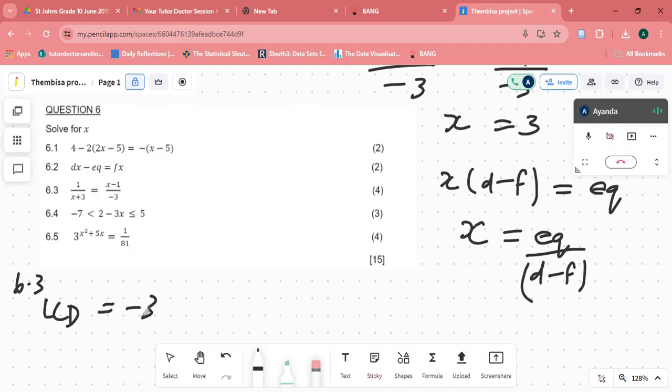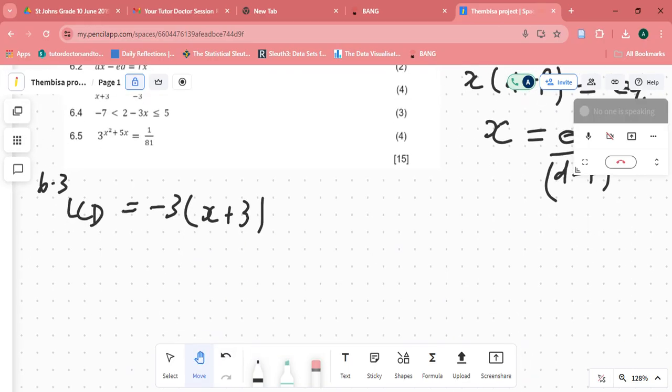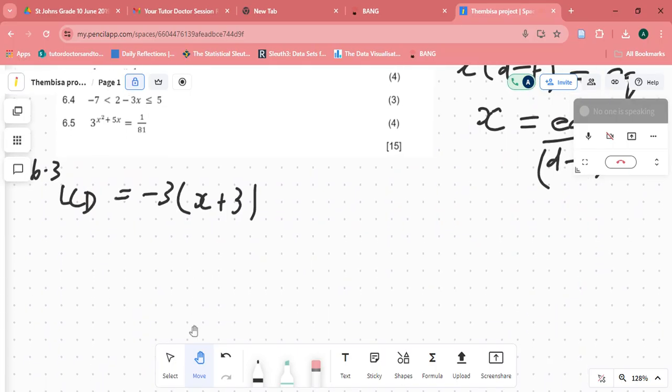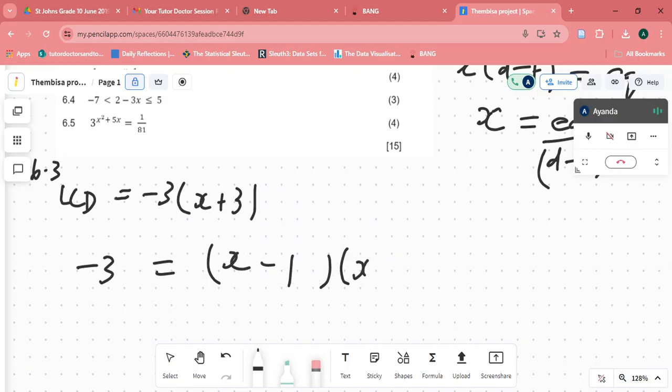LCD is going to be negative 3 times x plus 3. So we can rewrite this and have negative 3 on the left-hand side. And on the right-hand side, we can have x minus 1, x times x plus 3 from our cross multiplication.